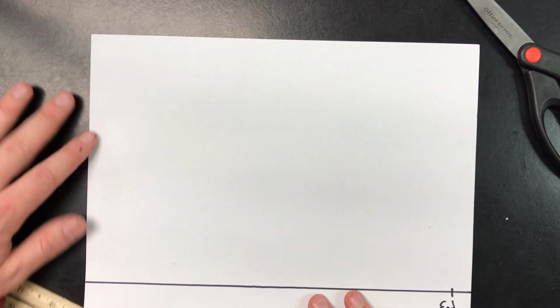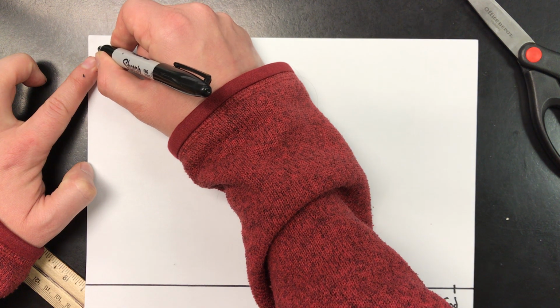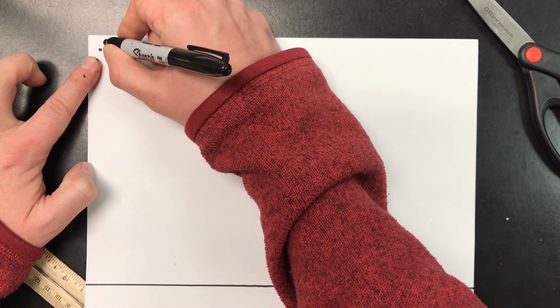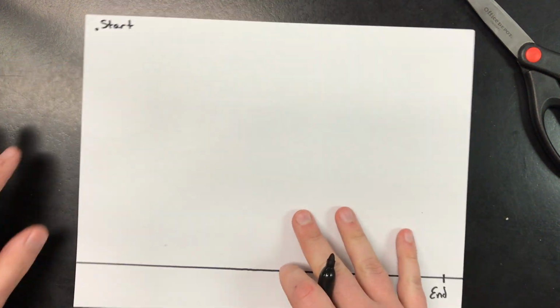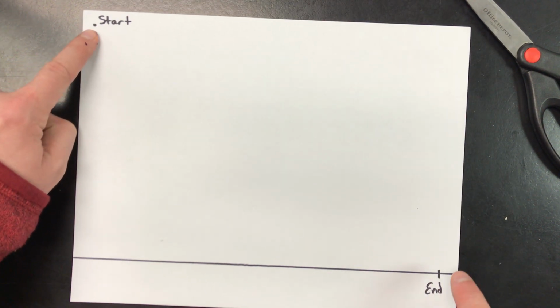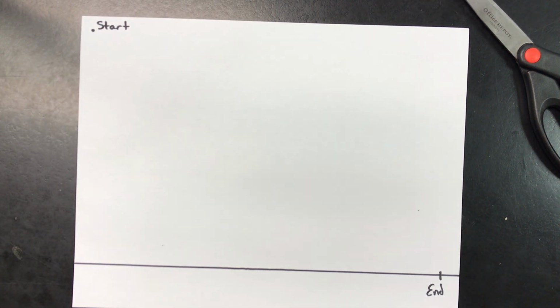So that's the end of my track. Then I'm going to come up to the top left, and draw a dot here, and I'm going to call this my start. So now I know that I'm going to go from here to here. How do I get there? Well, let's figure it out.